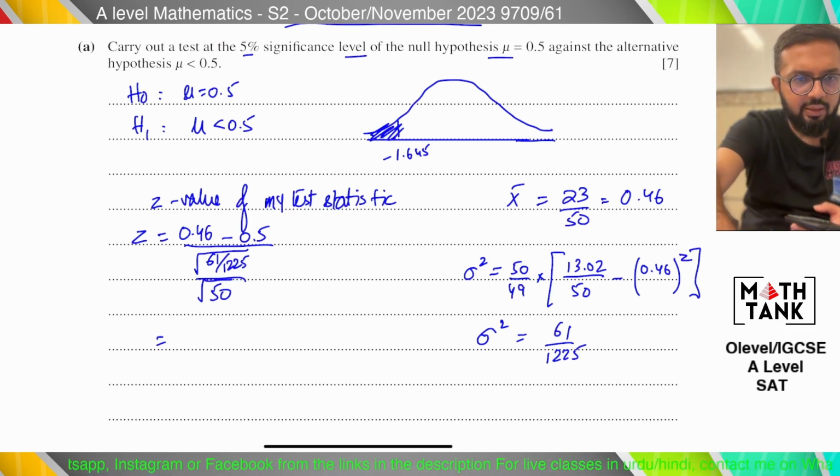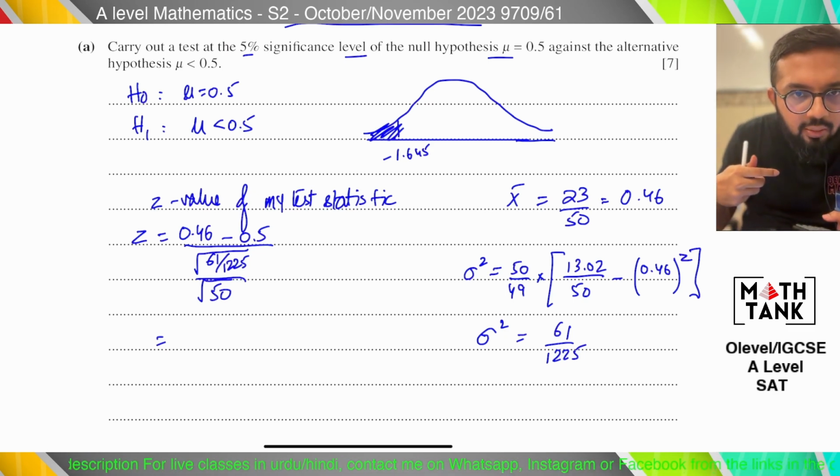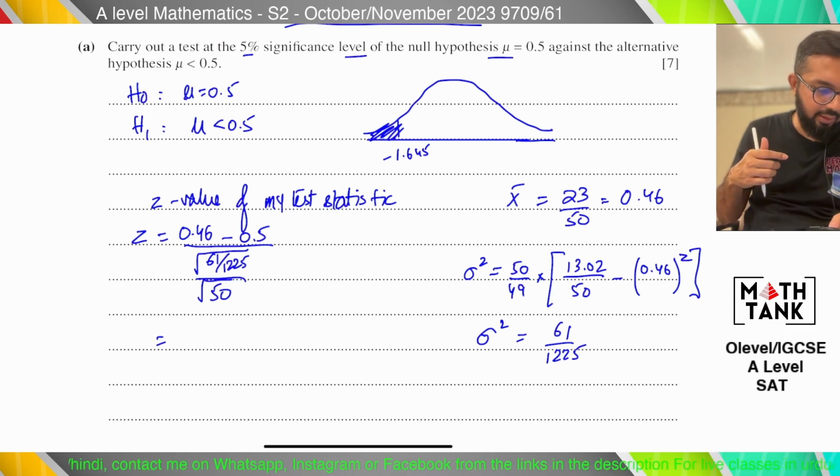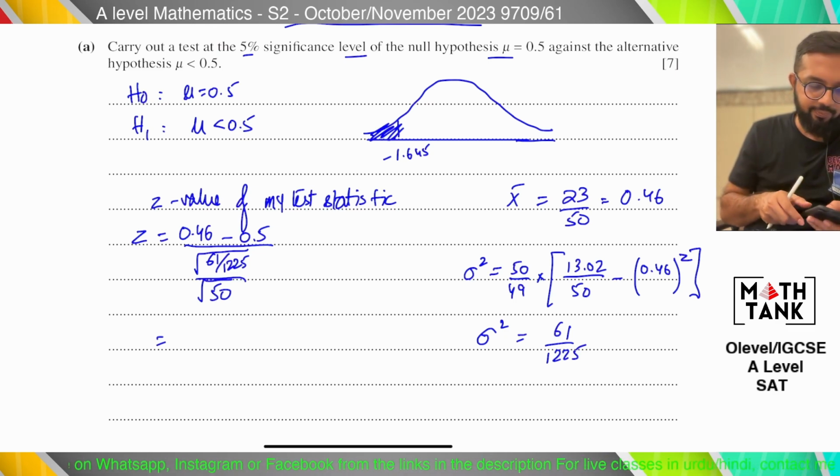Let's see if that is the correct number. I think I've made a calculation mistake somewhere. 61 over 1225. Okay, I didn't root that, I think. So that created a problem. Let me just write that again.